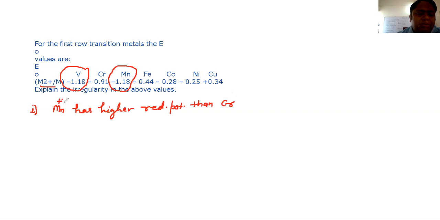Manganese 2 plus has higher reduction potential than chromium 2 plus because manganese has a configuration of 3d5 4s0, which belongs to Mn2+, whereas chromium has 3d4 4s0 for Cr2+.